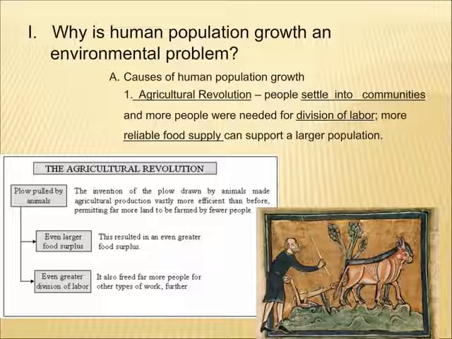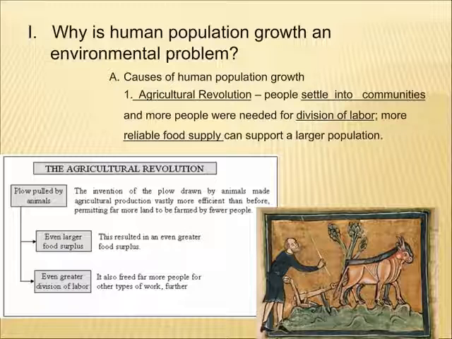Human population started to really grow exponentially during the time of the agricultural revolution. At the time of the agricultural revolution, people moved from being nomadic and moving around to settling into communities. And when they settled into communities and started to grow their own food, they needed more people so that they could divide up the jobs.